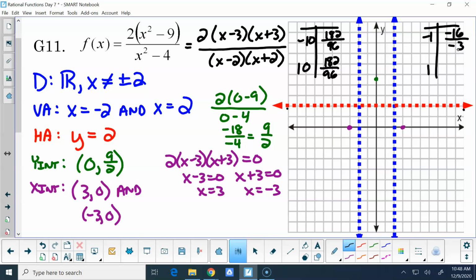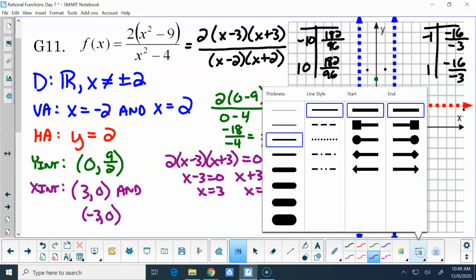So that's going to be positive 5 and 1/3. Draw it in. Don't have to worry about holes. That's a good thing.